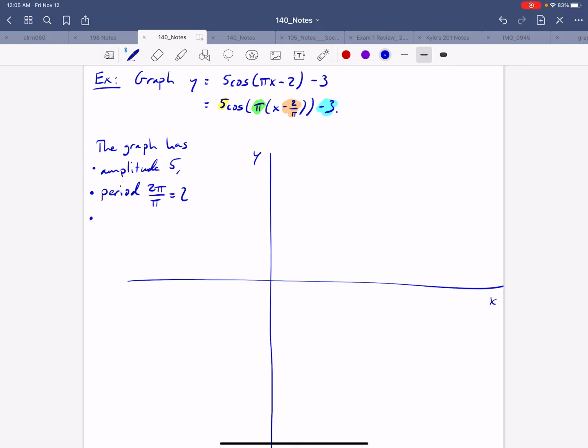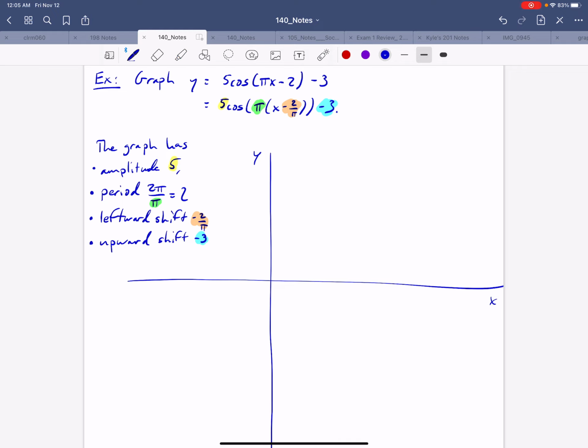I guess I'll write this as leftward shift, since that's the way I usually say it. Leftward shift negative 2 pi. Or you could say rightward shift 2 pi. And you could say upward shift negative 3. Okay? So again, I hope it's clear where we are getting those values from. Let's take 1 sec to highlight those guys, right?